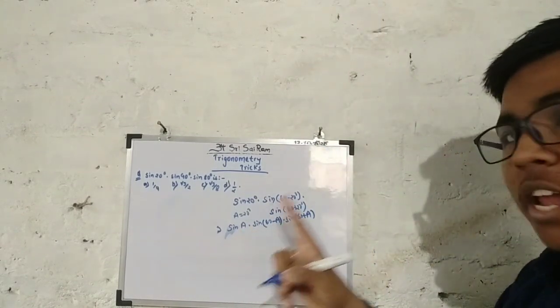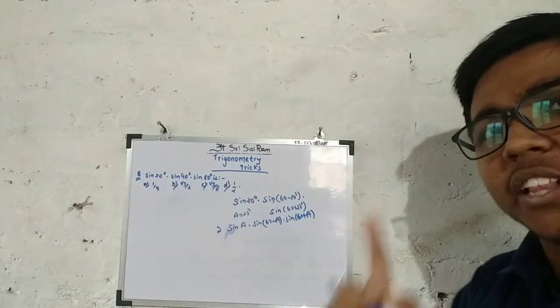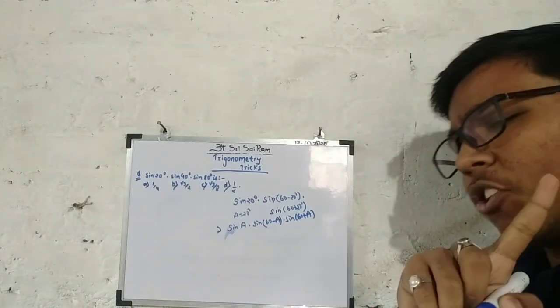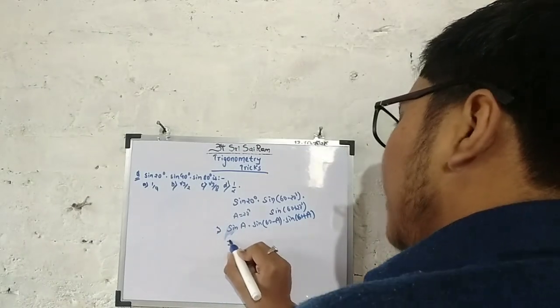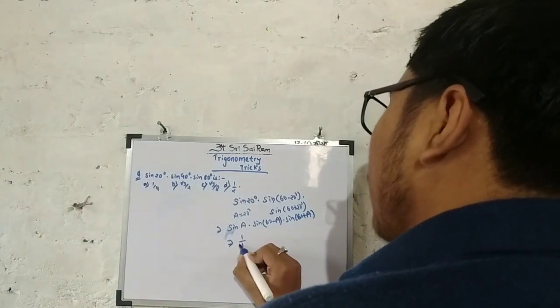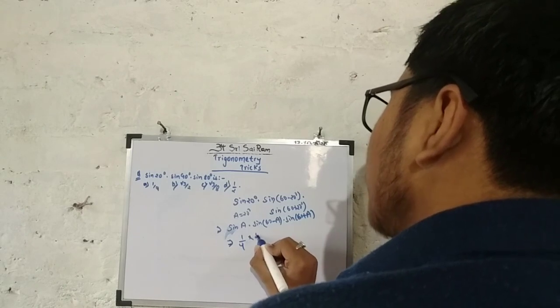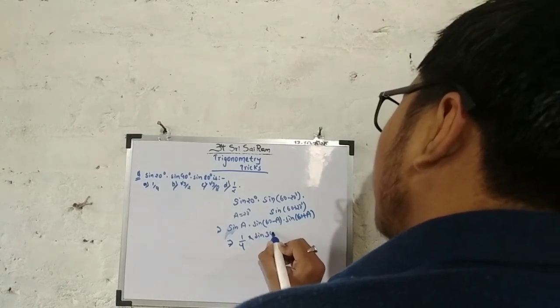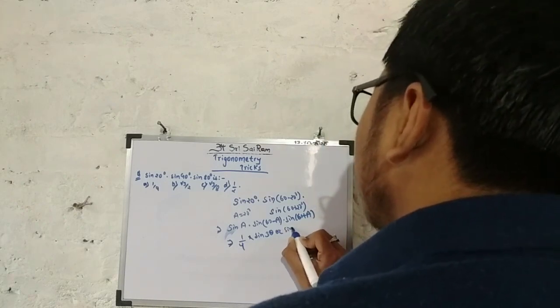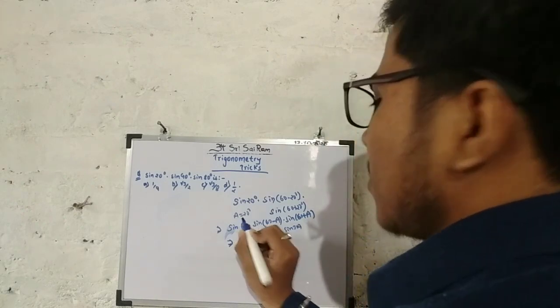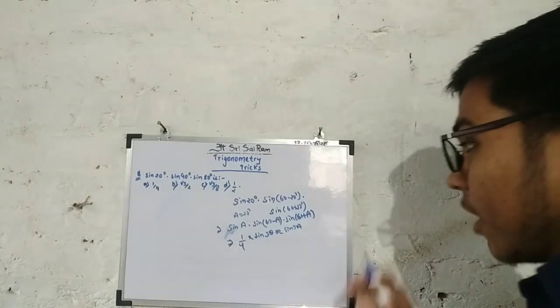If you see any question like this, there is one formula which is applicable for every such question: it is nothing but 1 by 4 into sine 3A.